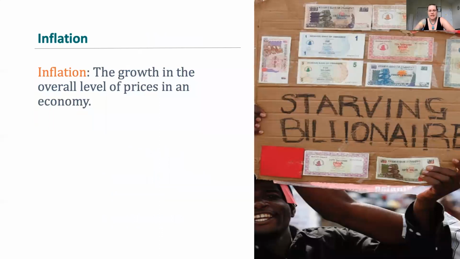So inflation is a continual rise in the general price level, which is the price of all goods overall in an economy. It is not the price of a certain good going up as a result of shifting supply and demand factors. This is price levels overall on average.